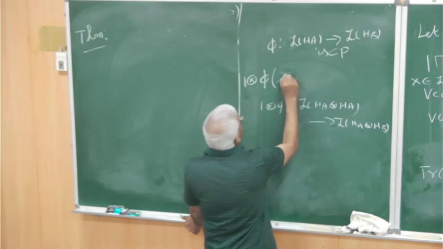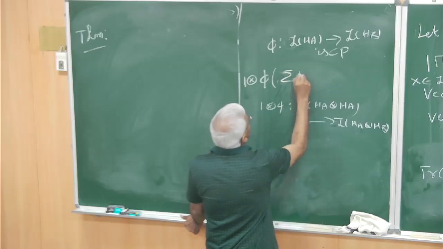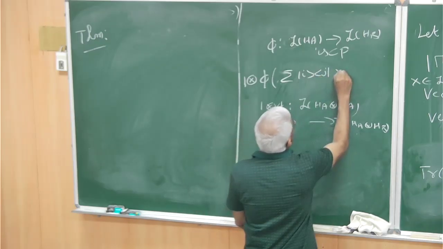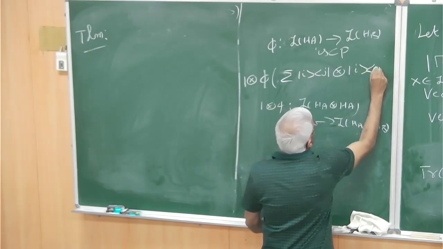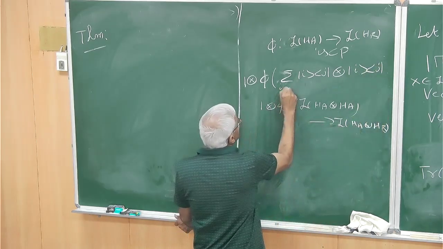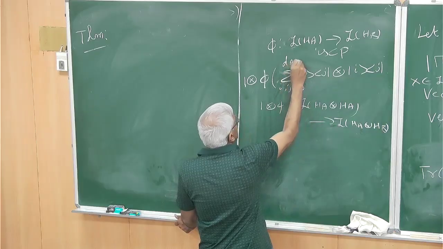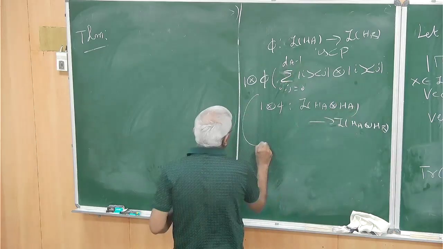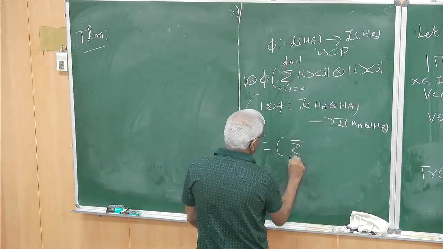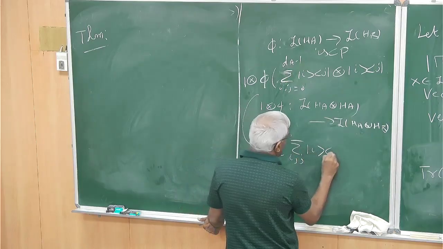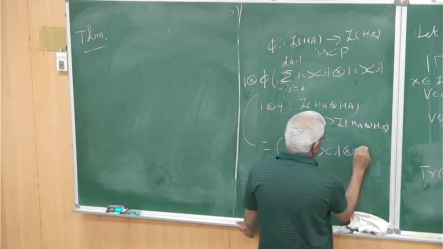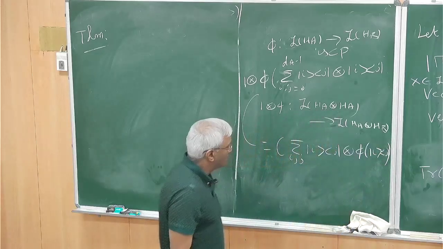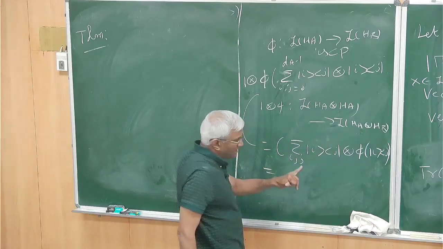What is it? This EJ I want to write. Summation IJ, EIJ tensor EIJ, where I and J range from 0 to dA. So you will get only phi here. So this is equal to the summation IJ of EIJ tensor phi of EIJ. We called it P phi or something.